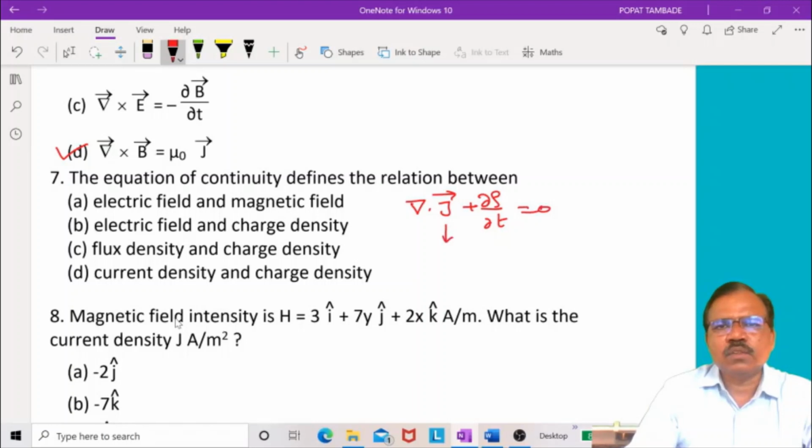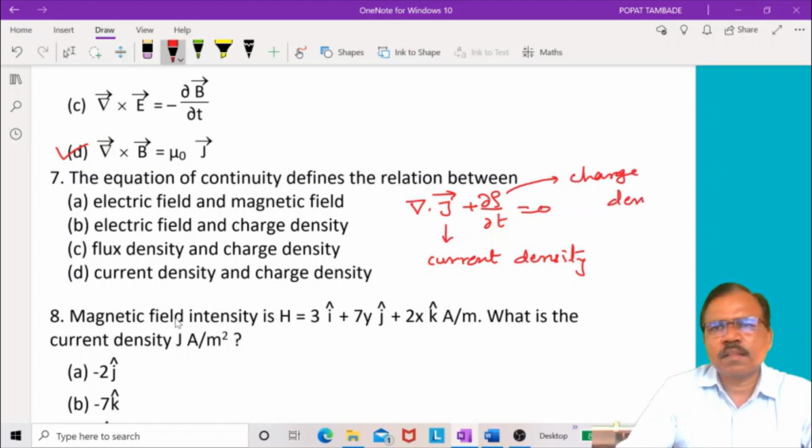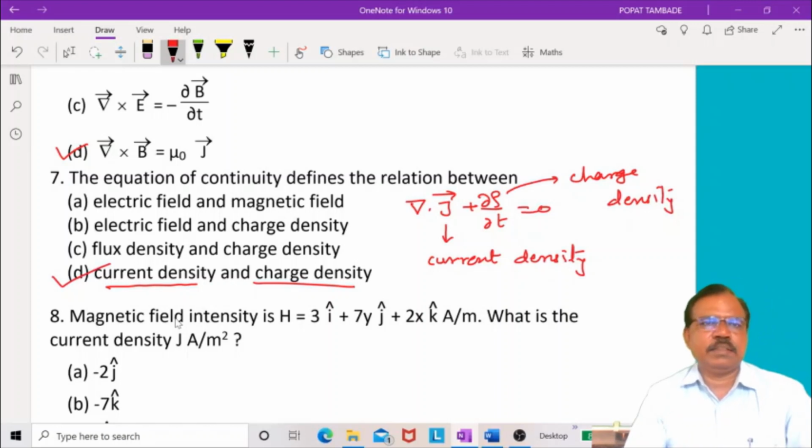Now J is called current density, while this rho is called charge density. So this is the relation between current density and charge density. So here current density and charge density. This is D, correct.